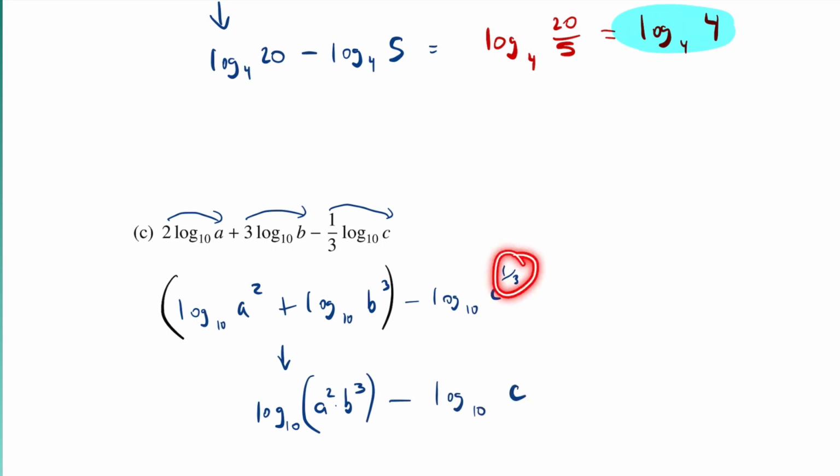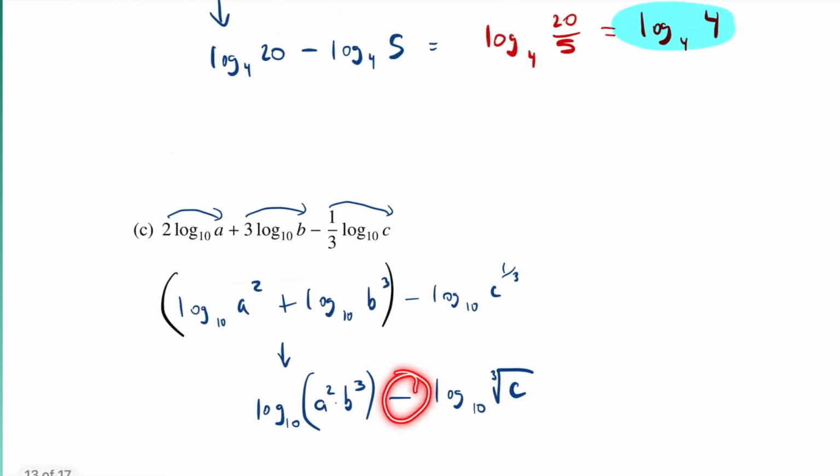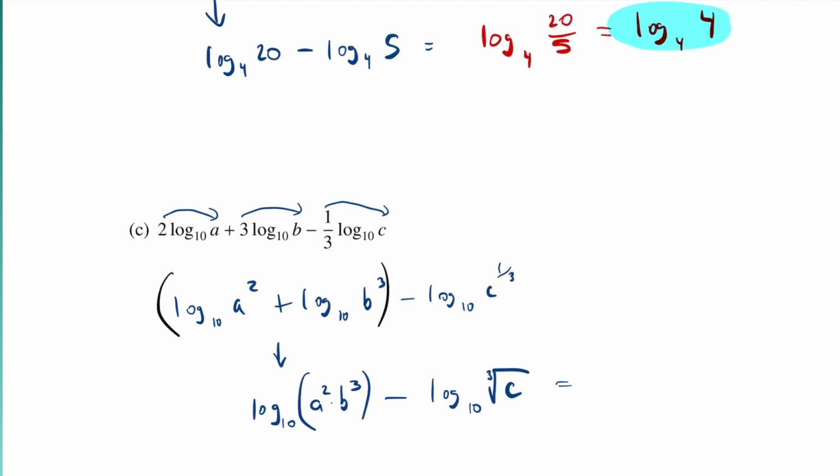Another way to write 1/3 is to write it as a radical, cube root. 1/3 exponent means cube root. And now subtraction means we divide. So our final answer is going to be a single logarithm, base 10, with a squared b cubed divided by cube root of c. And that is our final answer.